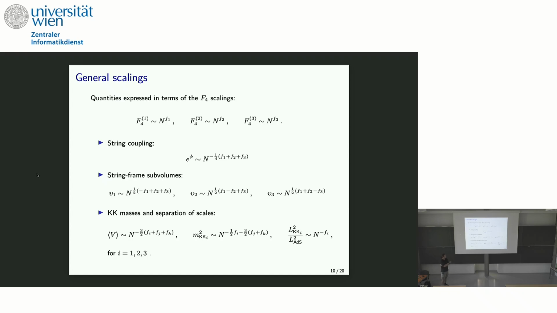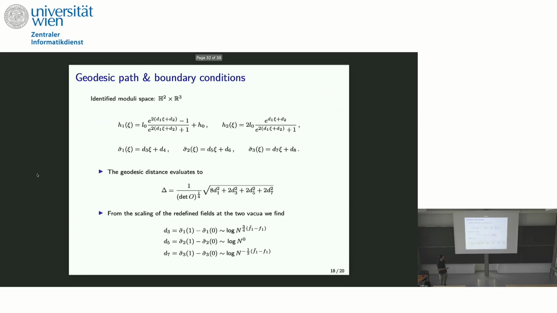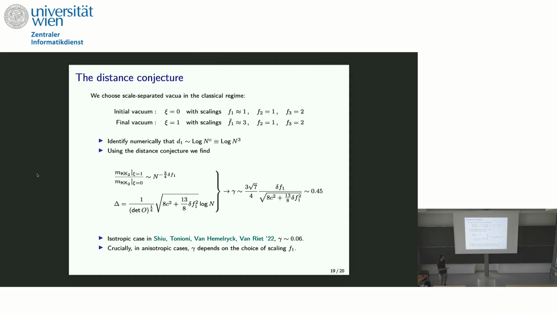I don't see constraints on the scalings, because whatever value you take, yes. If you take F1 to be arbitrarily large, I don't know if you can see what happens here. There is a factor.